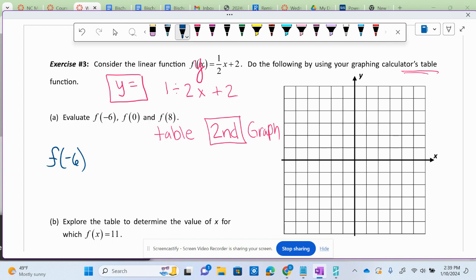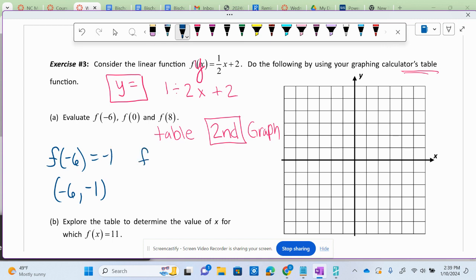That's right. Okay, so find -6 on your x values. It means when you let x equal -6, what's your y value? -1. When x equals -6, y equals -1. That's the ordered pair -6, -1. That's what that means.